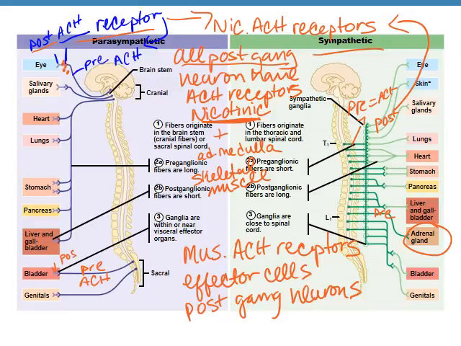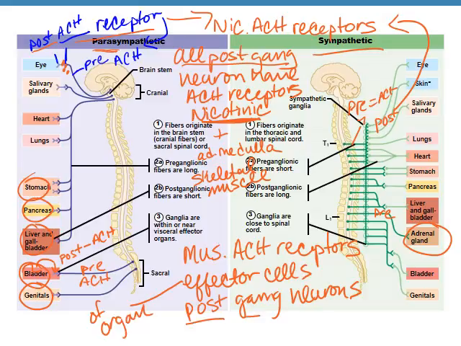The post for parasympathetic also releases acetylcholine, and that causes action on an organ. So they're saying the effector cells of the organ stimulated by the postganglionic neuron have to have muscarinic acetylcholine receptors. So the bladder, the genitals, the liver, the pancreas, the stomach, the lungs, the heart, they all have acetylcholine receptors, but specifically muscarinic.